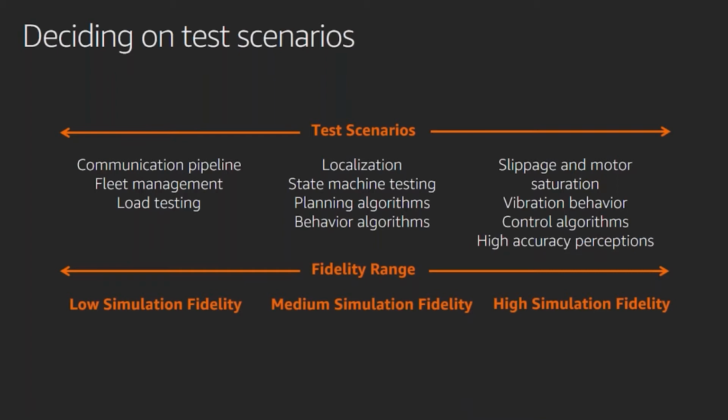You don't need really high fidelity to validate your test in those scenarios. Medium would be something like behavior algorithms. And on the high end, for example, vibration behavior, you need high accuracy for those types of tests. You want to make sure your simulation is able to handle that level of detail and accuracy.